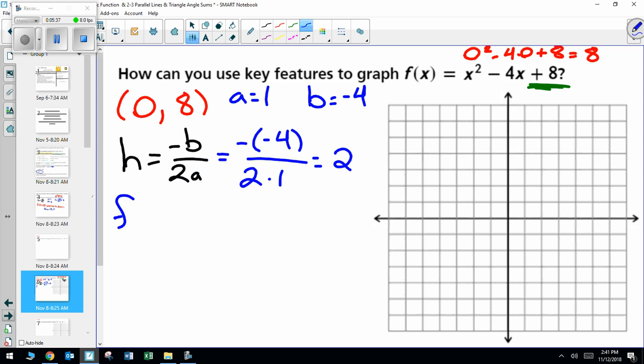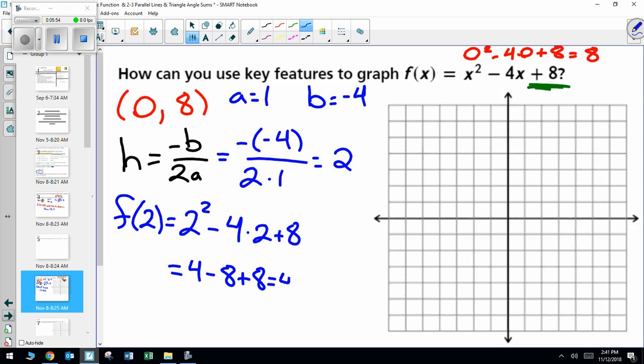And to find out what my y value is at the vertex, I need to plug in x is 2. That's going to give me 2 squared minus 4 times 2 plus 8. So that's 4 minus 8 plus 8, or 4. So my vertex is at the point 2, 4. And my intercept is 0, 8.